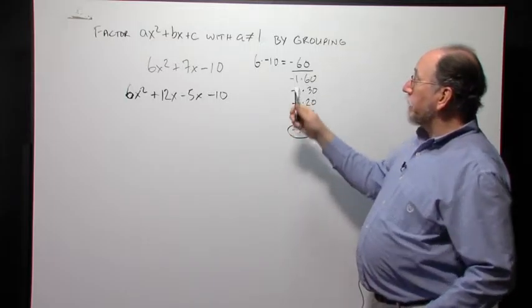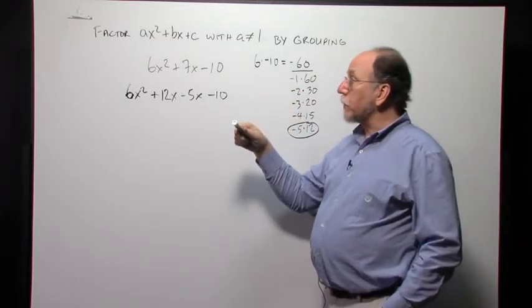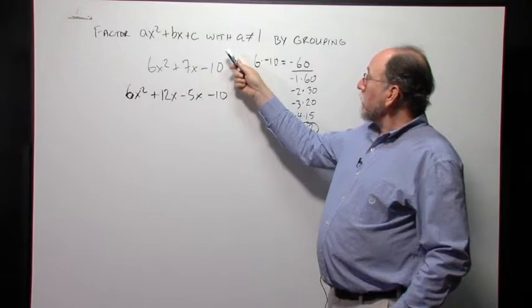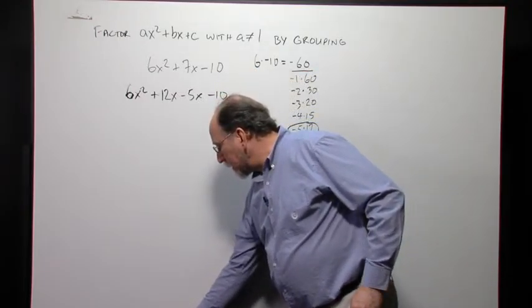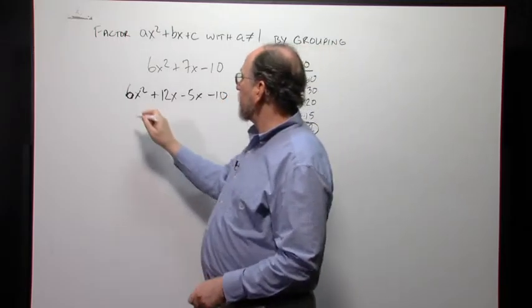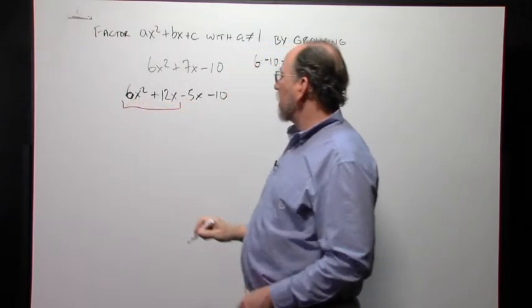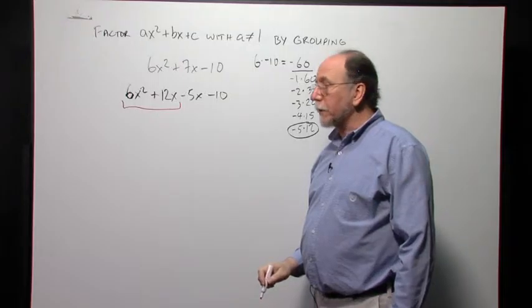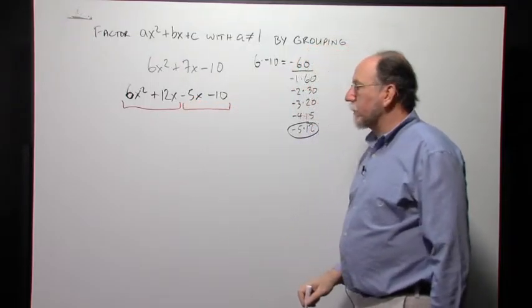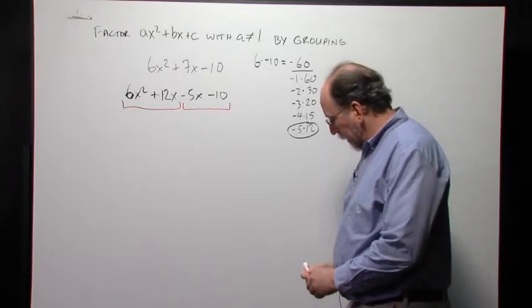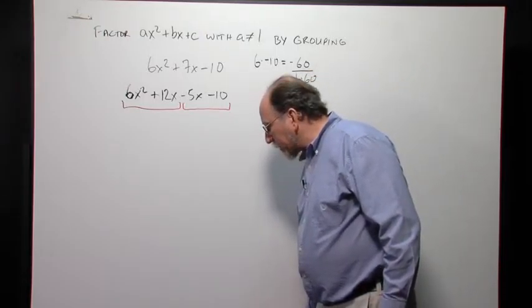Okay, the last step said, in the screen that you saw, said we're going to factor by grouping. That's a technique you've learned previously. And here's the first group. 6x squared and 12x. And here's the second group. Negative 5x minus 10. We're going to factor a common factor from both of those.